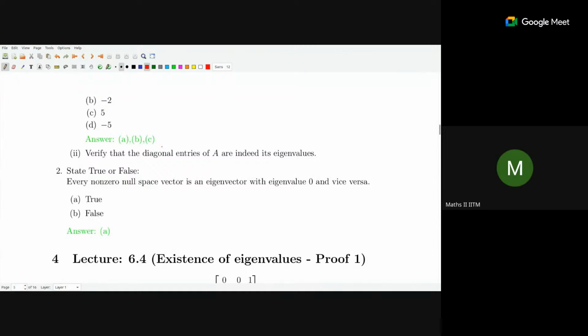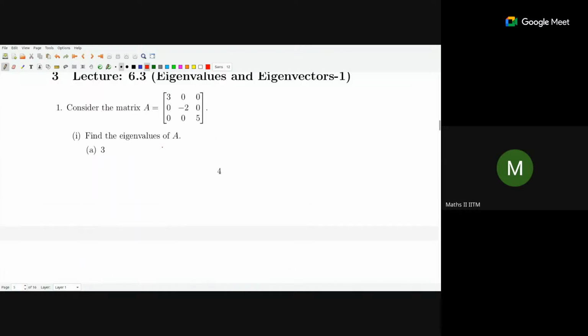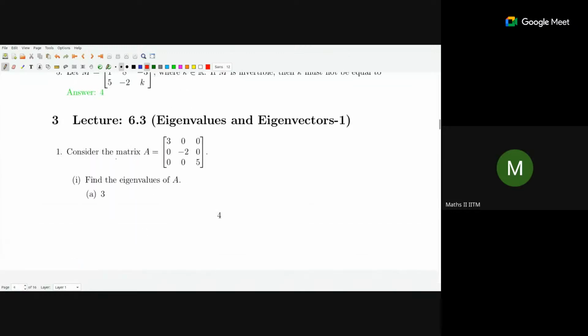If we give you a 4 cross 4 matrix, then check for these kinds of things: either it will be a circulant matrix or an upper triangular matrix, where the eigenvalues are pretty much visible on your screen, face straight up. For 3 cross 3, you just have to guess the first root by trial and error method. You will get the first root and then you can compute the other two roots.